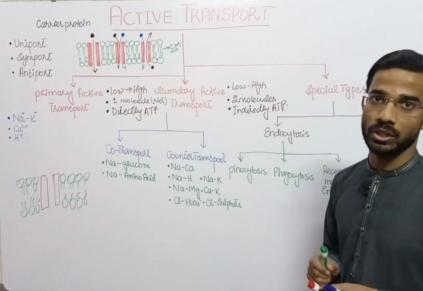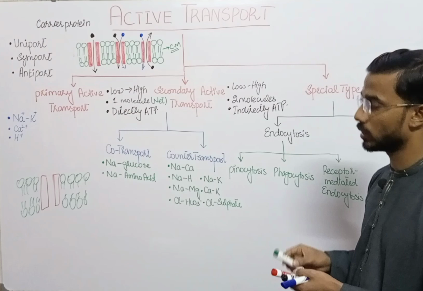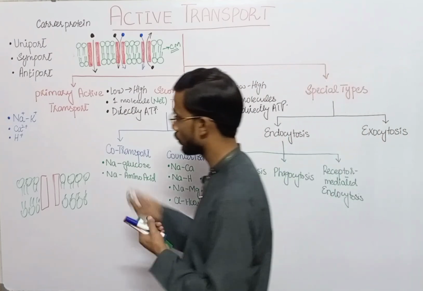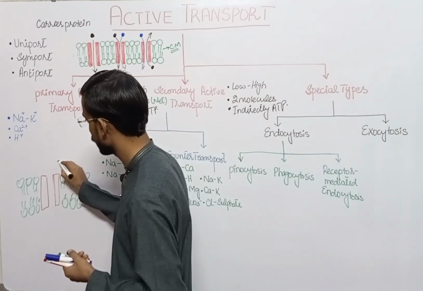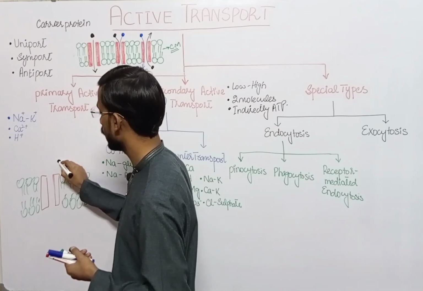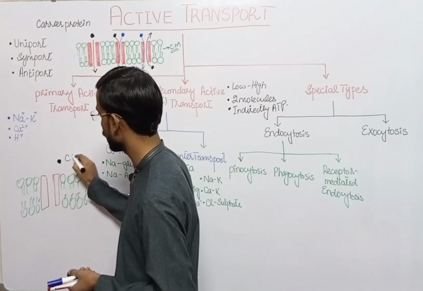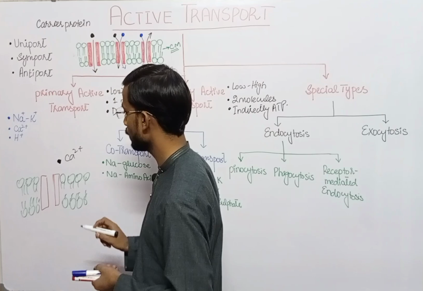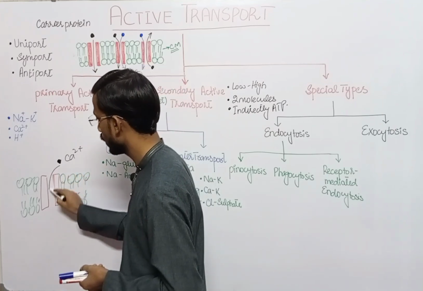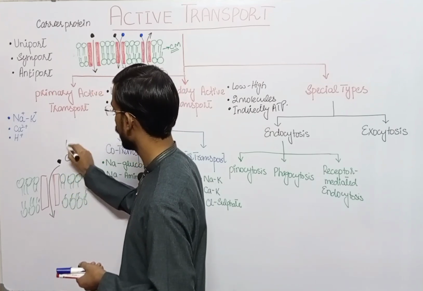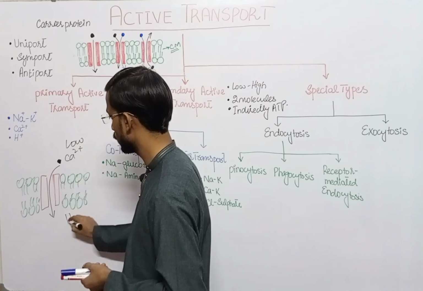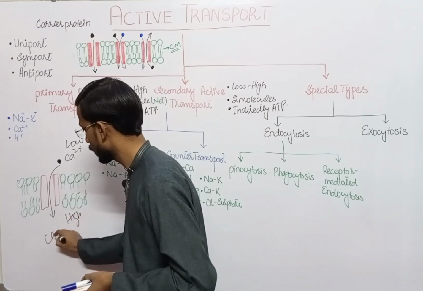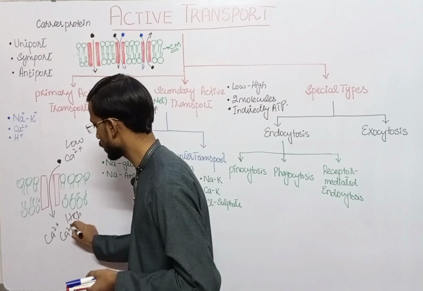In primary active transport, if we talk about calcium, calcium will move from low concentration to the high concentration.